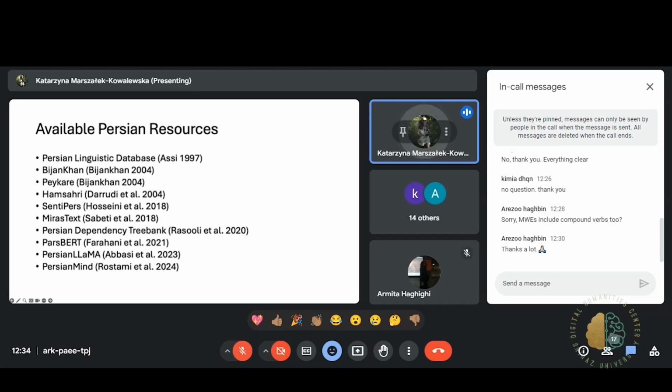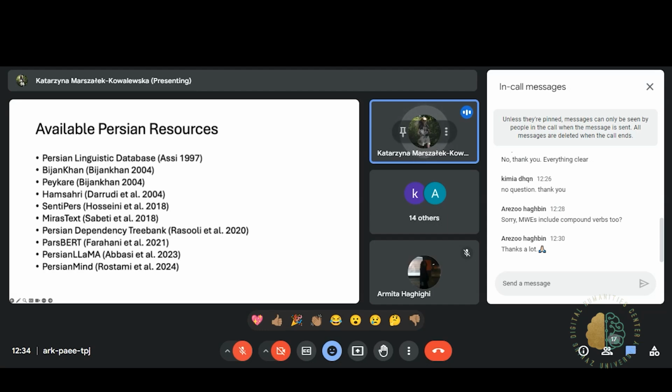Of course, in recent years, this landscape has been changing for the better. There are more and more resources available for Persian, but still, despite that, Persian is considered a low resource language.